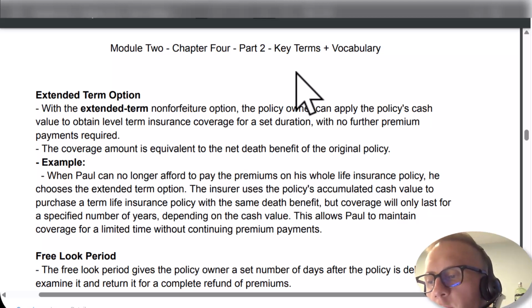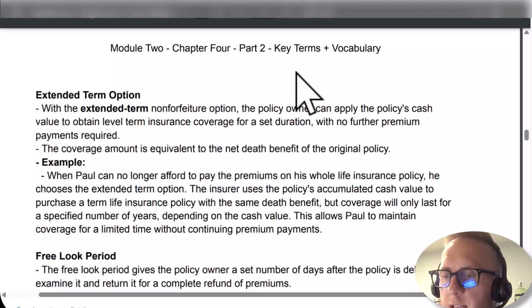Example, when Paul can no longer afford to pay the premiums on his whole life insurance policy, he chooses the extended term option. The insurer uses the policy's accumulated cash value to purchase a term life insurance policy with the same death benefit, but coverage will only last for a specified number of years, depending on the cash value. This allows Paul to maintain coverage for a limited time without continuing premium payments.